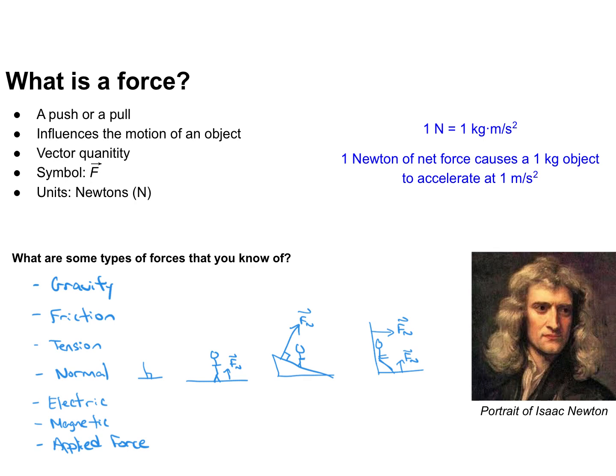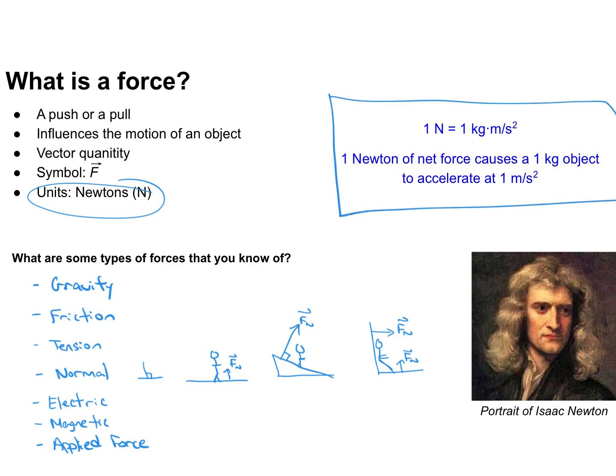All right, so going back to newtons, forces are measured in these units called newtons. And to try to give you an idea of how strong a newton is, there is this relationship here. How strong of a force really is 1 newton?